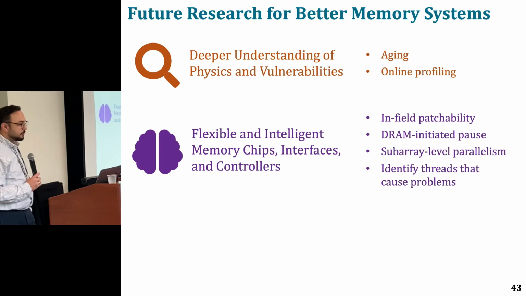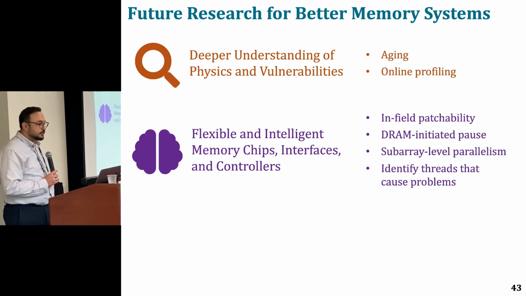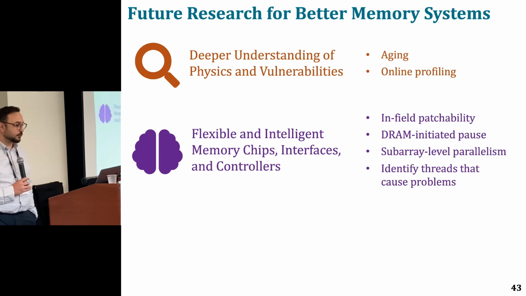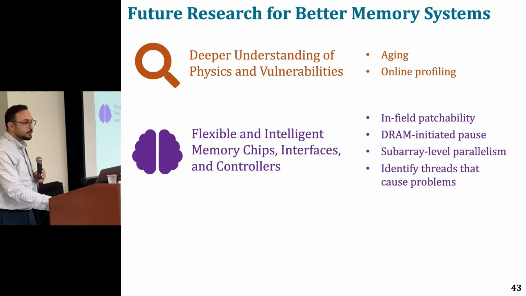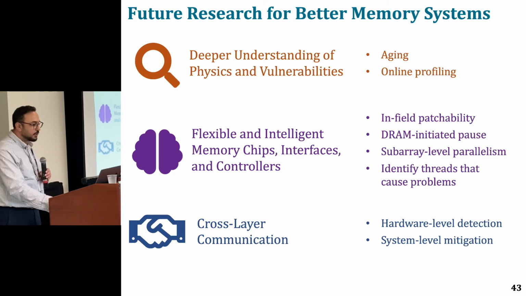And we also need more investment in flexible and intelligent memory chips, interfaces, and controllers. There are multiple topics here. I'm not going to go over them, but I'm happy to talk about them in the coffee break or in the Q&A session as well.